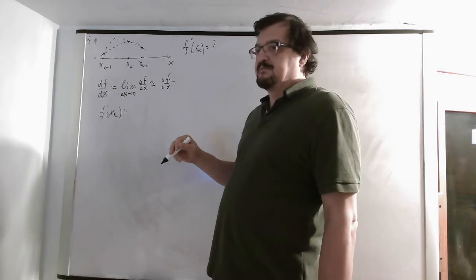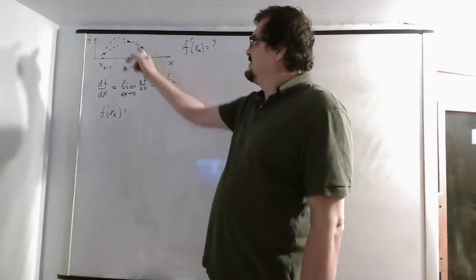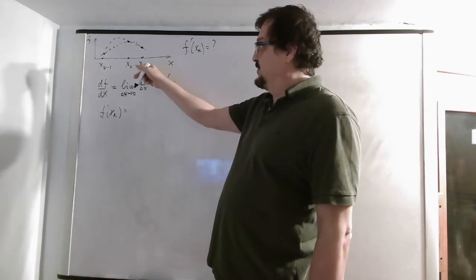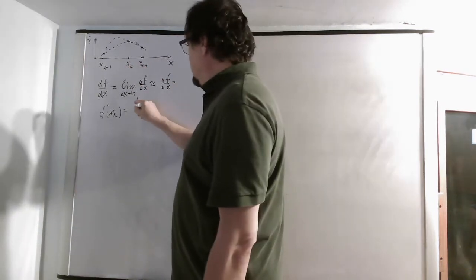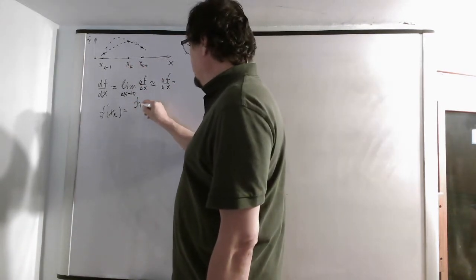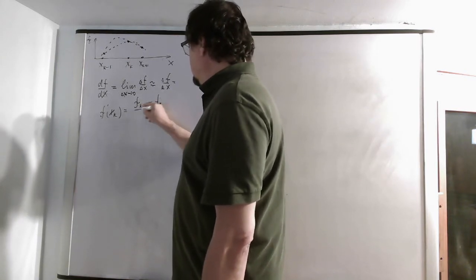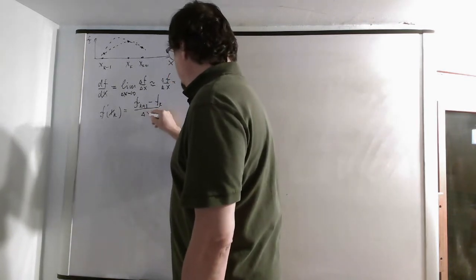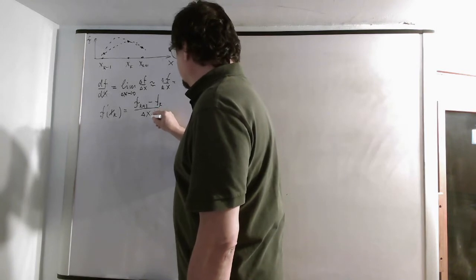What kind of polynomial can we fit to these 3 points? Well, first we could just fit a first order polynomial, or line, using a pair of points, for example xk plus 1 and xk. So we will write that this derivative equals fk plus 1 minus fk divided by delta xk plus 1.